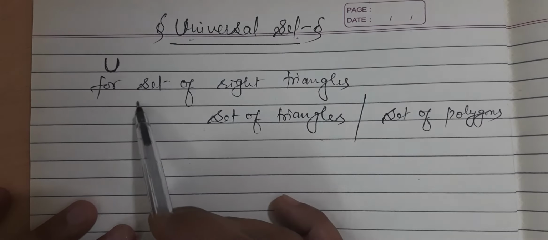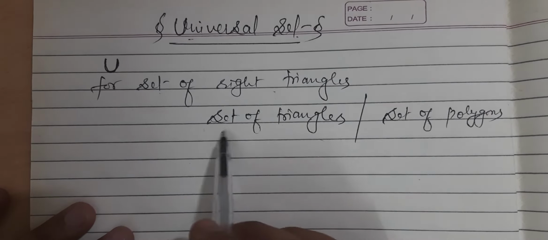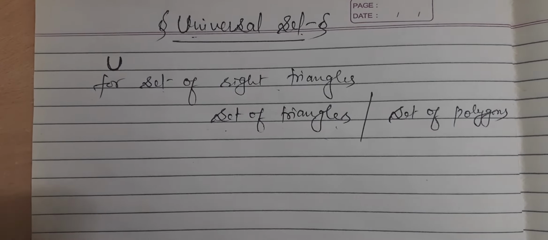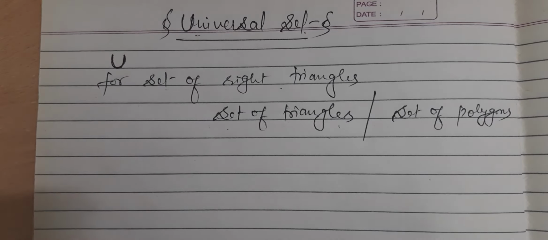So in each case, this set will be a subset of this universal set. In general, in simple words, we can say the universal set is the biggest set.